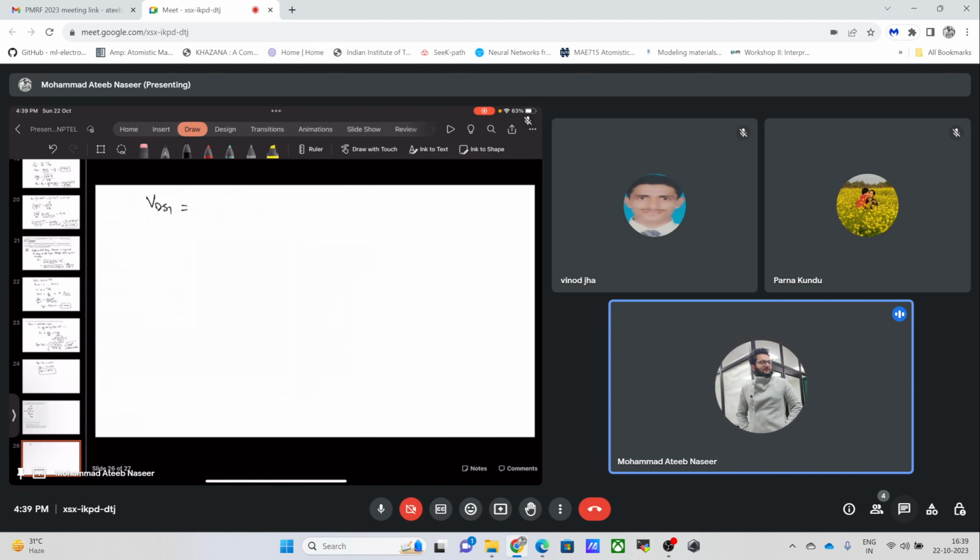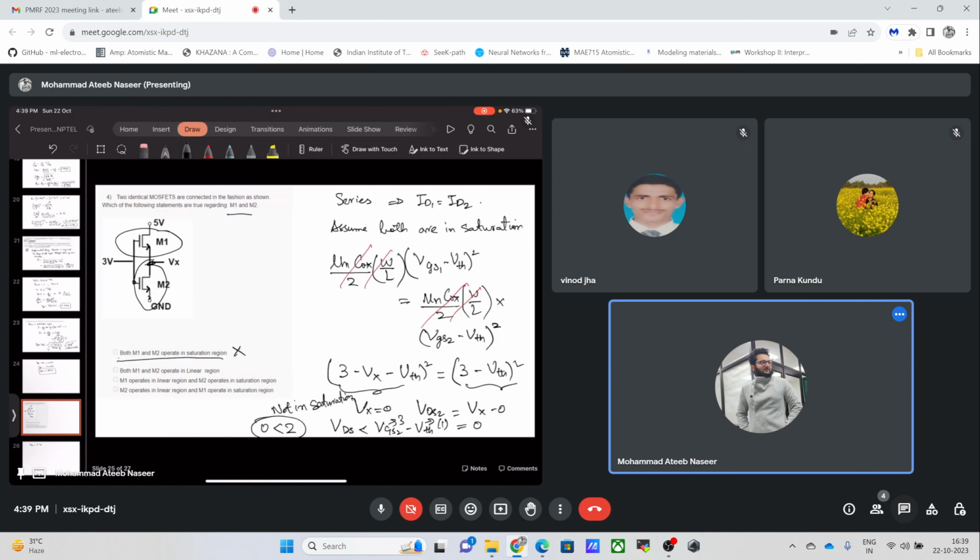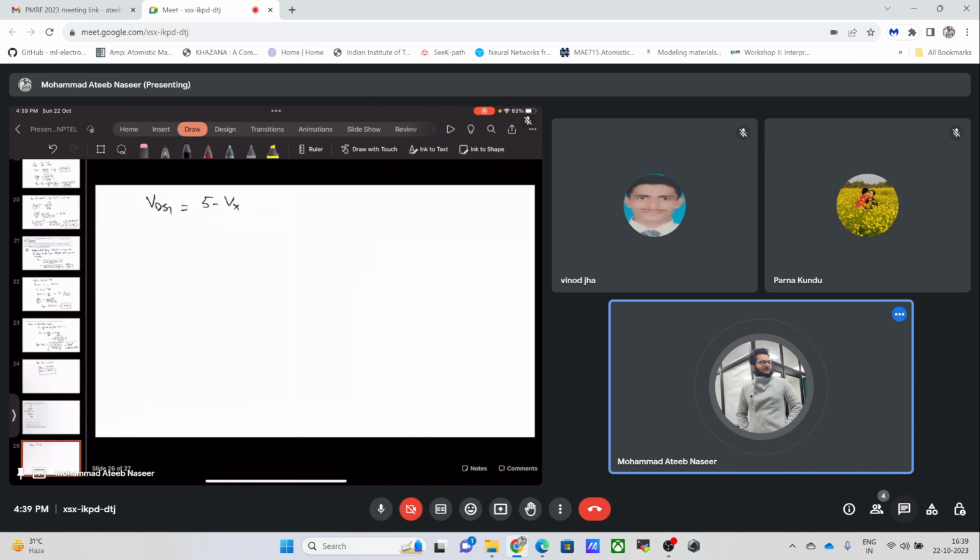VDS1 is 5 minus Vx, and VGS1 is 3 minus Vx. Let me take this VTH to be equal to 1 volt.